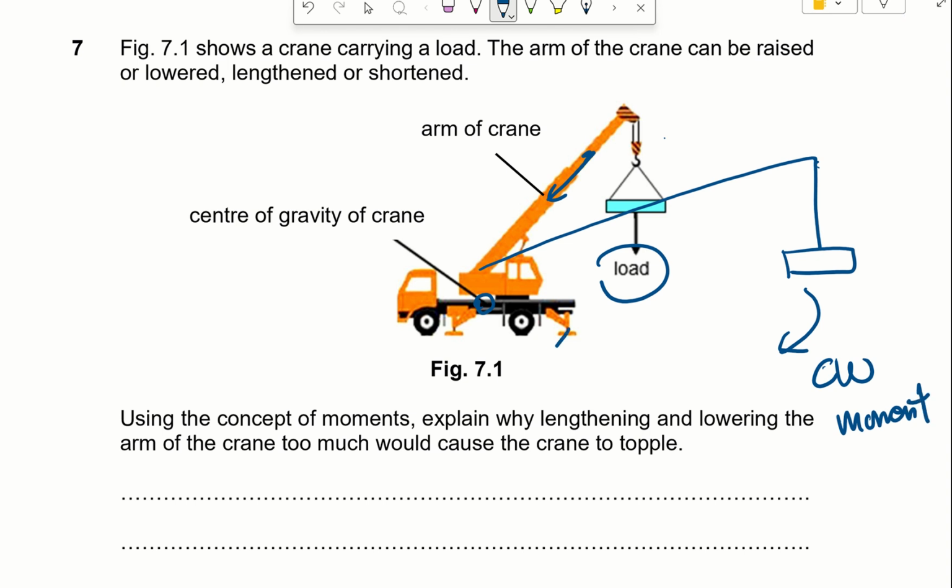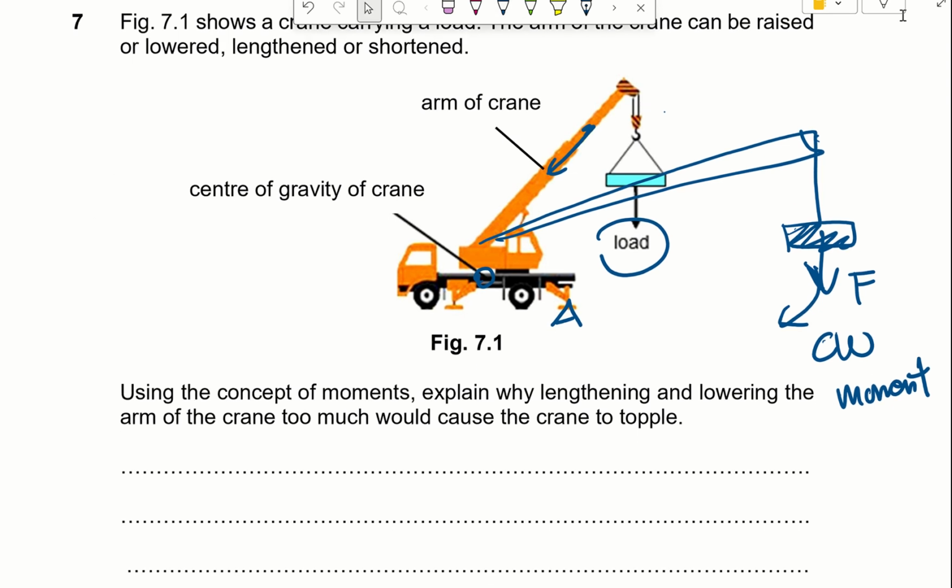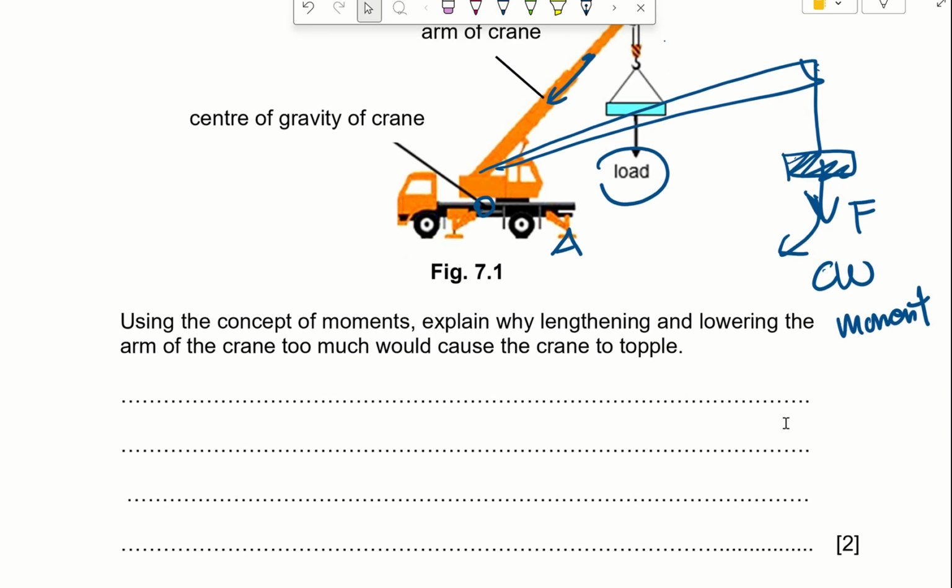Where's the pivot? It will be here, because imagine, can you just try to visualize that this load, if it's lowered and the whole arm is lengthened, it will then exert a clockwise moment because the force or the weight of the load is in this direction, vertically downwards, and then it will cause the crane to actually raise up. Okay, so this is the answer.